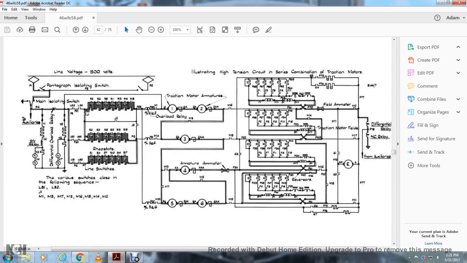Alright, this is a little bit more complicated. 1500 volts, pantograph isolation switch. This should be the cab 1, differential overload relay, main isolation switch, auxiliaries.